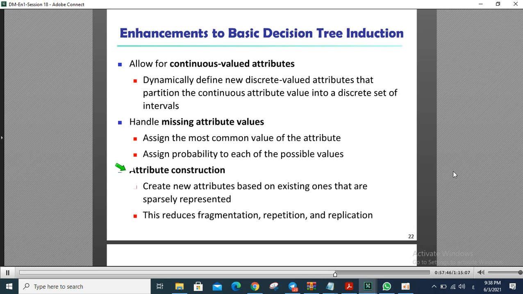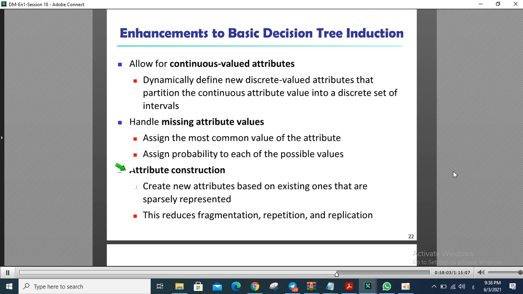Or maybe I have some attributes, and according to them, instead of those attributes, I can create a new attribute.